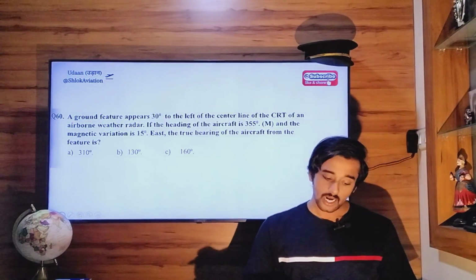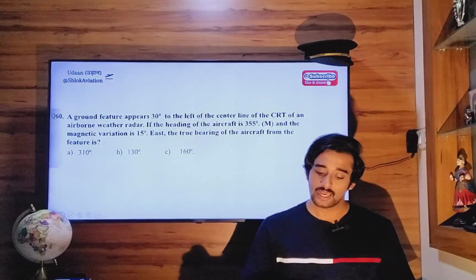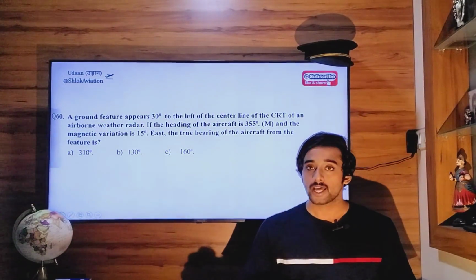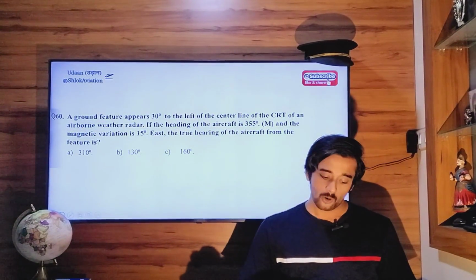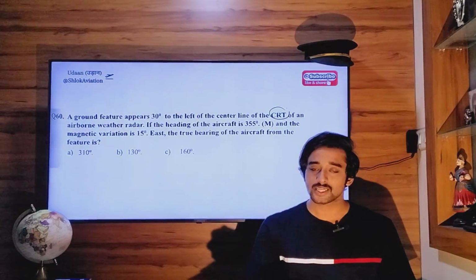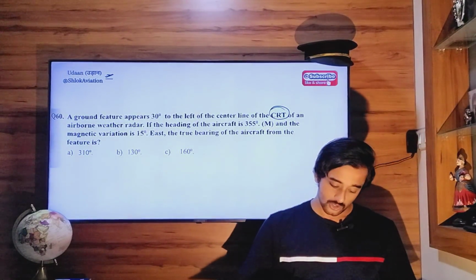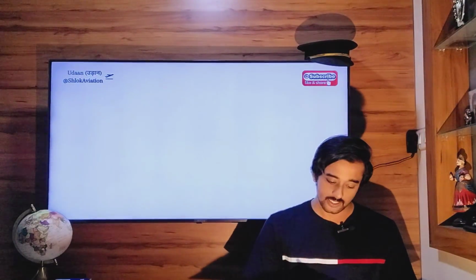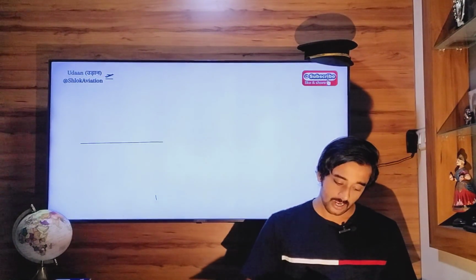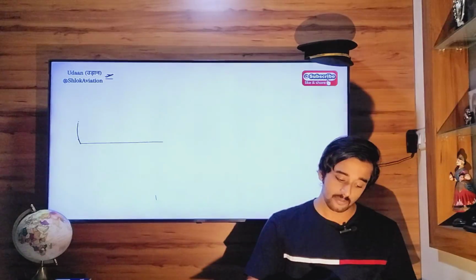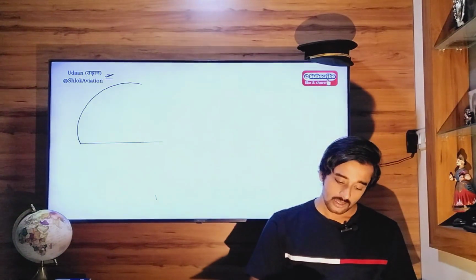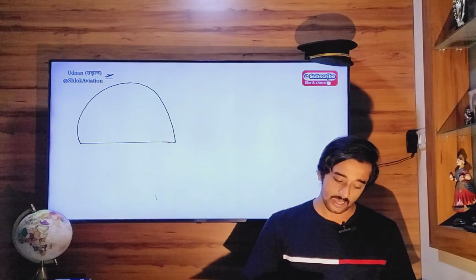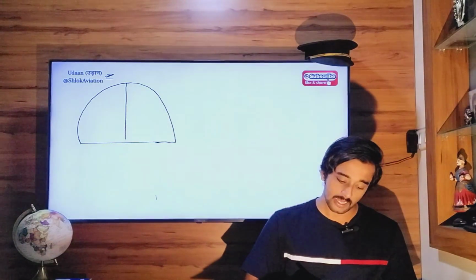Next, a ground feature appears 30 degree to the left of the center line of cathode ray tube of airborne weather radar. Cathode ray tube is the screen. Okay, so do watch my airborne weather radar lectures. There are many questions. I have covered many such questions over there. So cathode ray tube, draw like this, draw one perpendicular line.